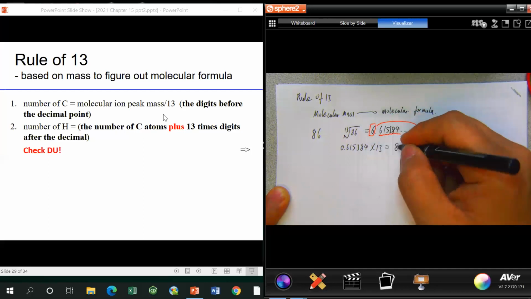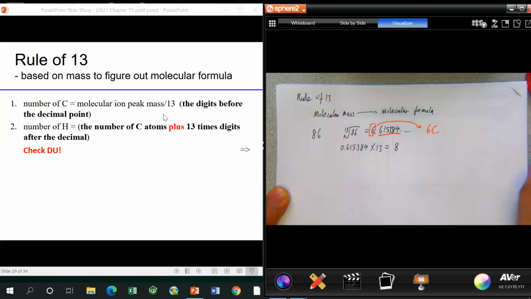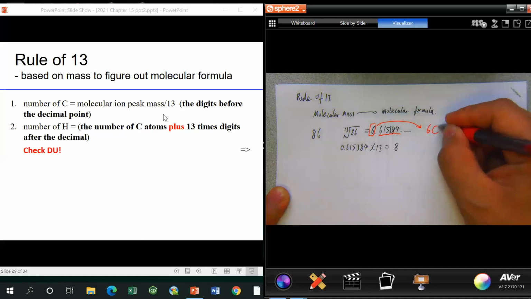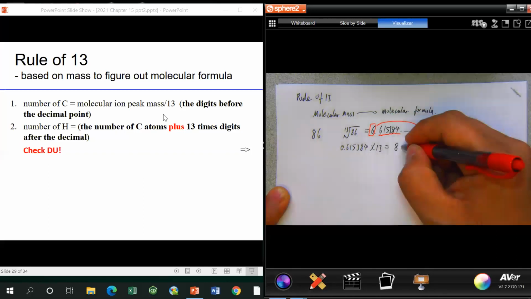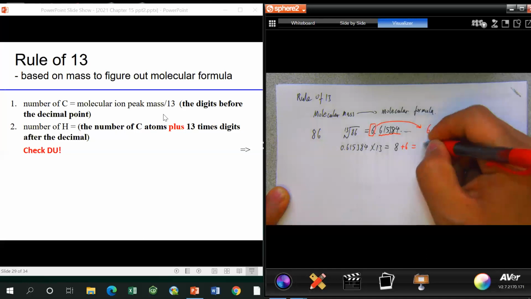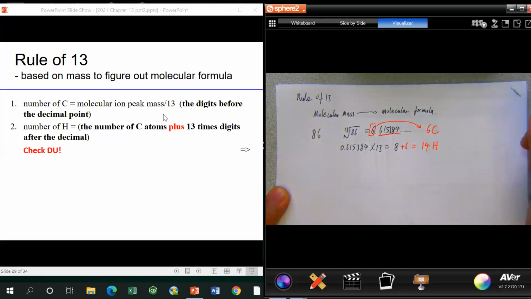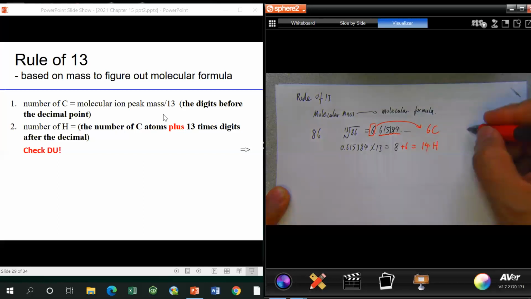So around 8, round up. And then you need to add the carbon number. We already know the carbon number is 6, so 8 plus 6 gives 14. So this will be the hydrogen number. Eventually the formula for this molecule is C6H14.